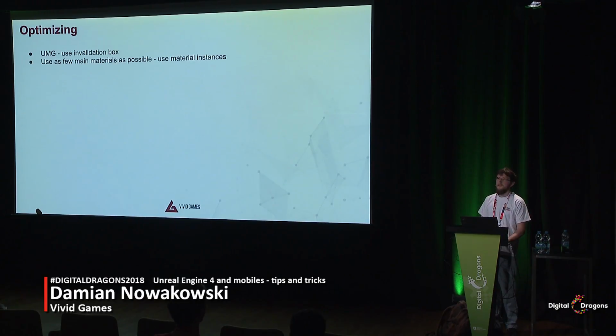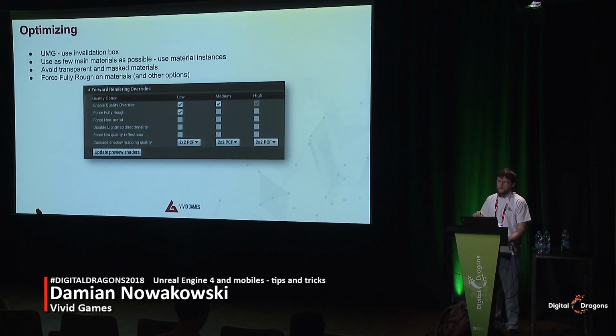Use as few main materials as possible and use material instances. For example, in our new game, Combat Mayhem, we have only one core material for each of the different characters. So you can have on the scene about 6 different characters, and all of them are using one common core material. Try to avoid transparent and masked materials because they are very heavy.